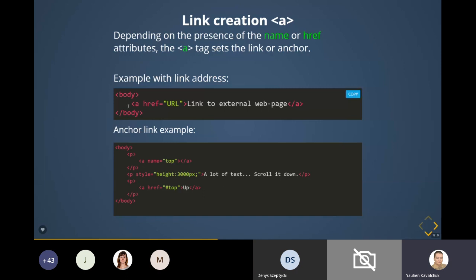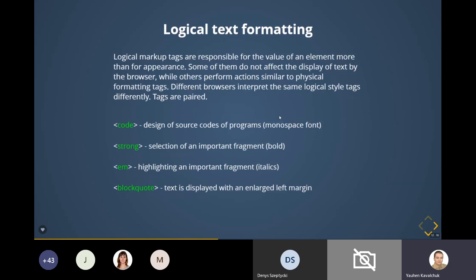Of course, in the link element you can wrap text or, for instance, an image. So if you click on the image, you will be redirected to another page, or if you click on a text, you will be redirected as well.